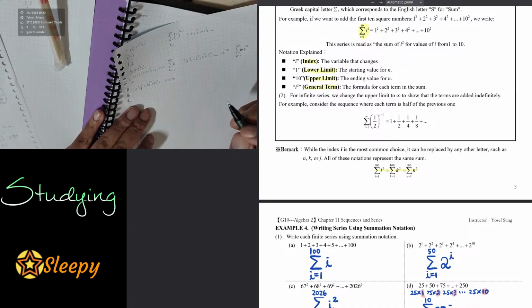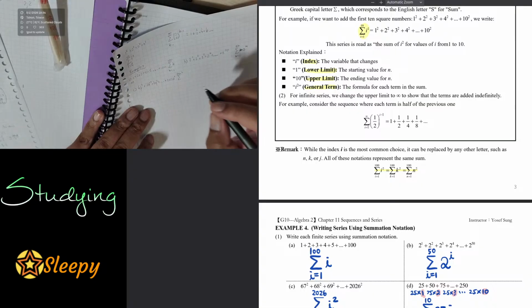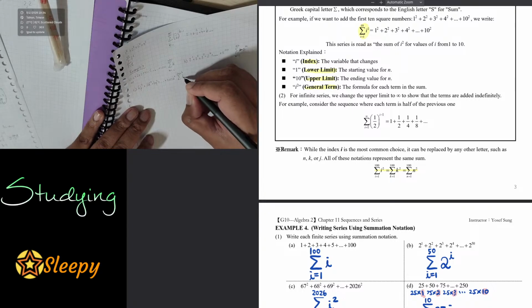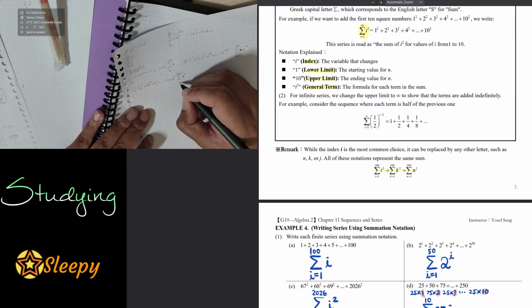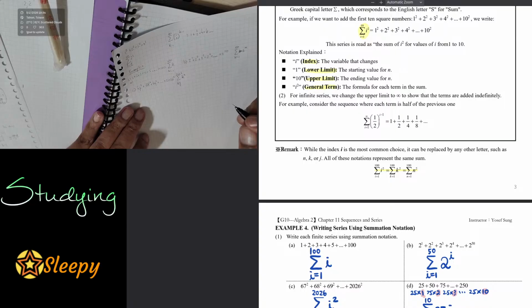So then we do the big sigma again, right? 2026. So it's just k to the power of 2, and it starts with, okay, this is still understandable. So here it's 67.